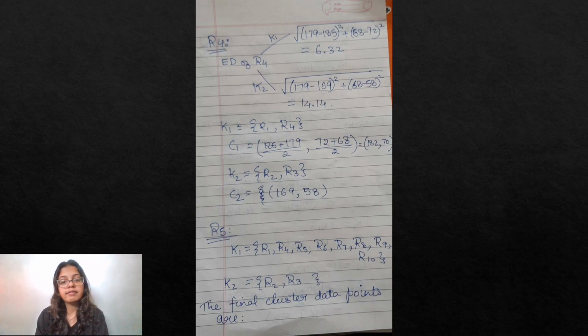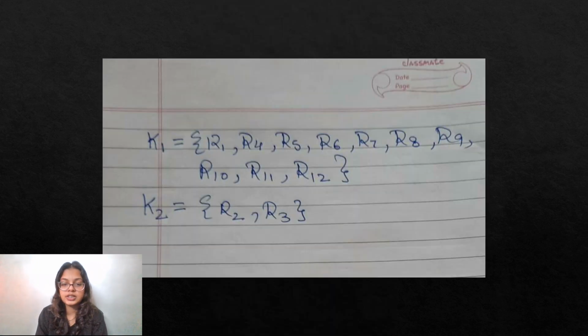So K1 will change and now it will become R1 comma R4. So of course the centroid will change once again. So now the new centroid C1 is 182, 70, but there will not be any change in the C2 value. So the centroid will remain the same, that is 169, 58.